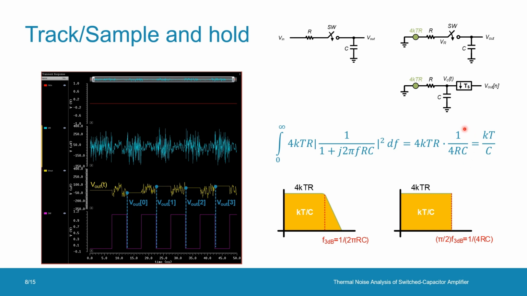Finally, I have to clarify that these calculations are only valid for complete settling, meaning that the spectrum of output samples is white, which is typically true, while for the case of incomplete settling, which is rarely used, you may refer to this reference.